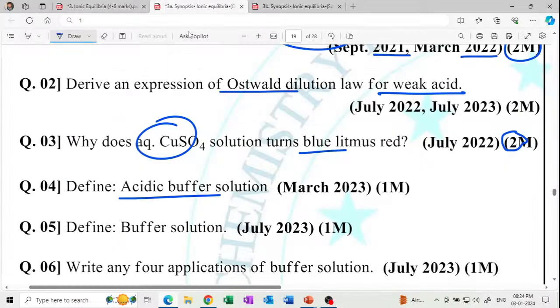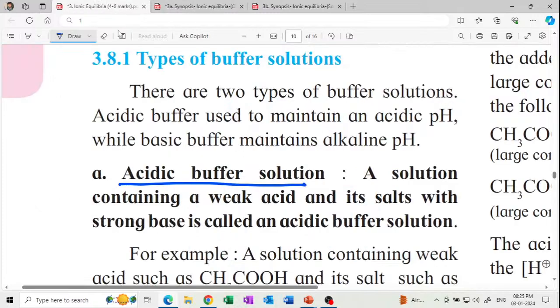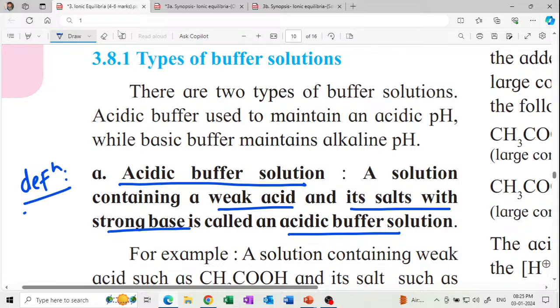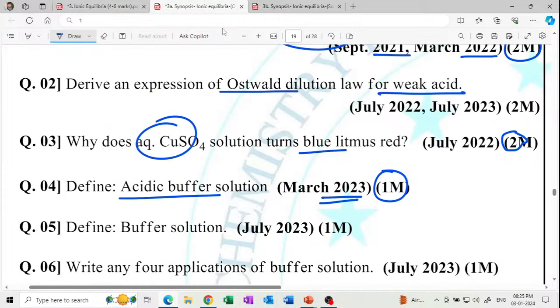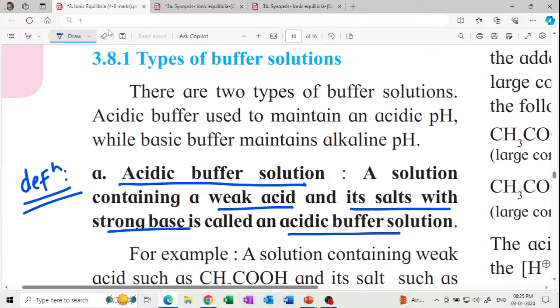What is the question? Define acidic buffer solution. 1 mark. Last year's question, 2023. A solution containing a weak acid and its salt with strong base is called the acidic buffer solution. Just write only the definition. For a 1 mark question, just the definition, only the definition.